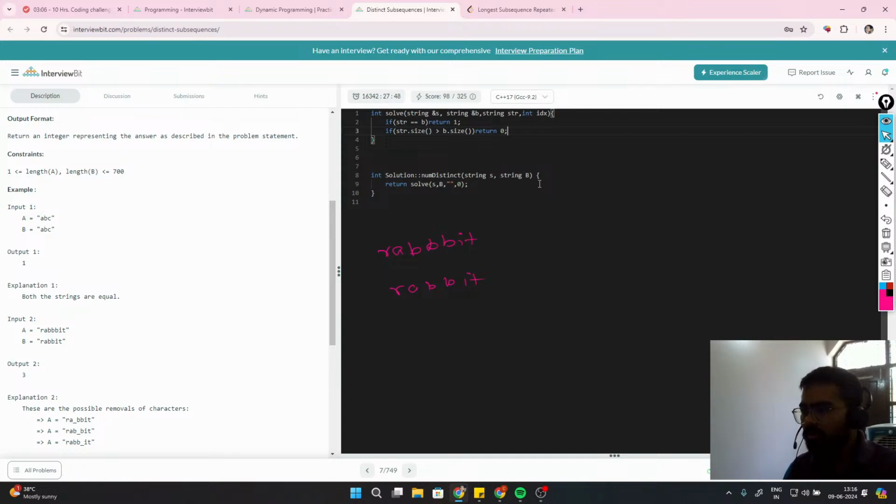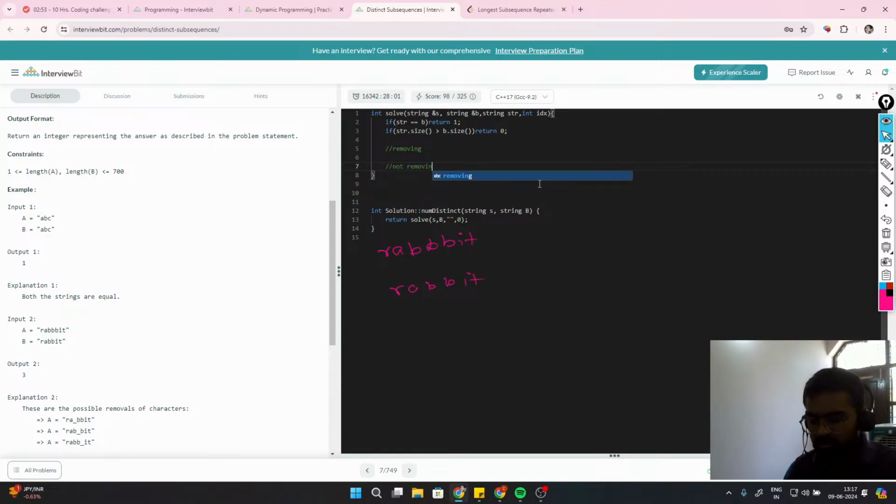I'll be returning 0. I am removing this string, I'm not removing.